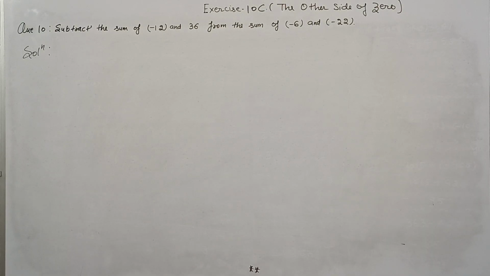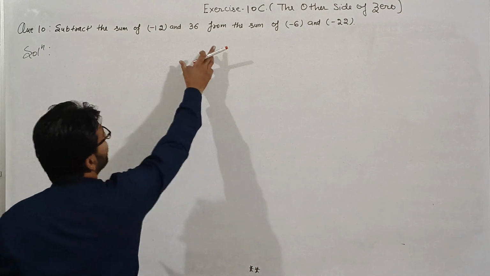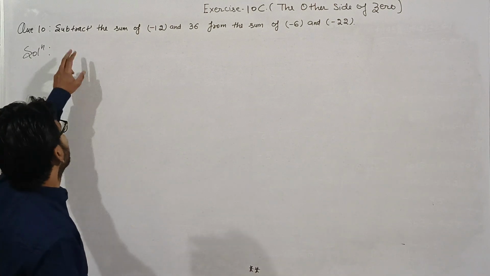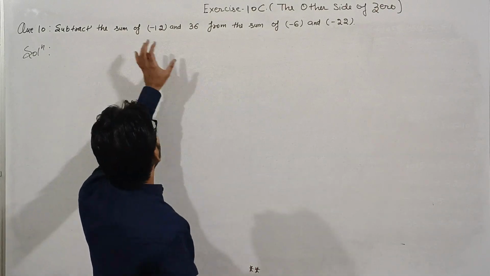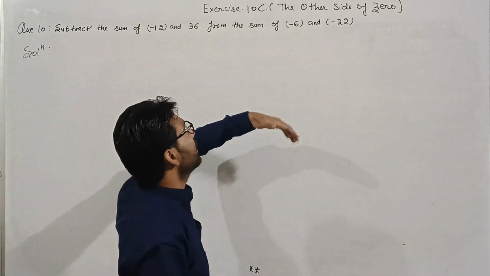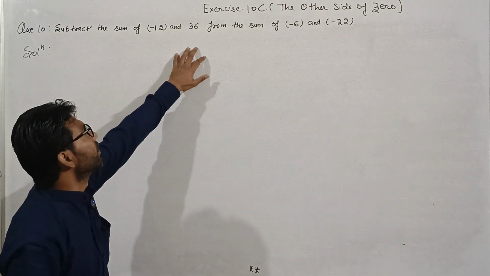In question number 10, subtract the sum of these two numbers from the sum of these two numbers. Mark my words: when subtraction and "from" are there, we subtract this number from this number; the last will come first and the first will come last.